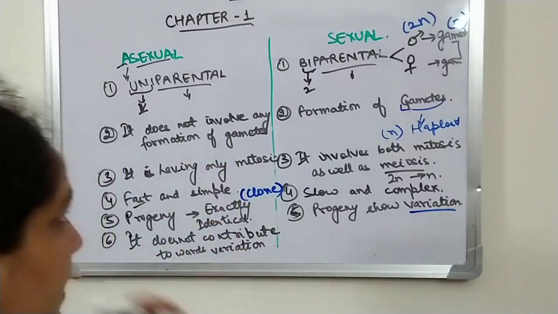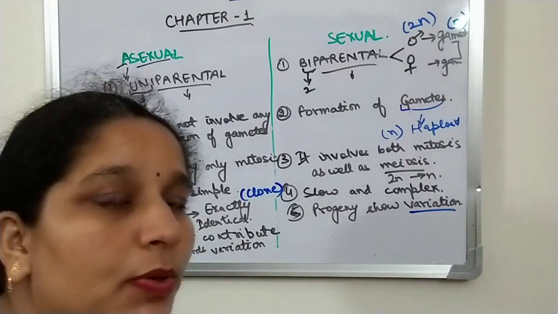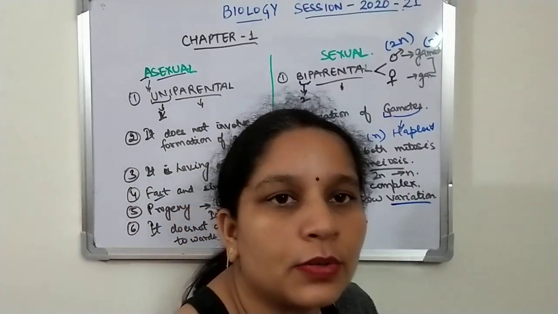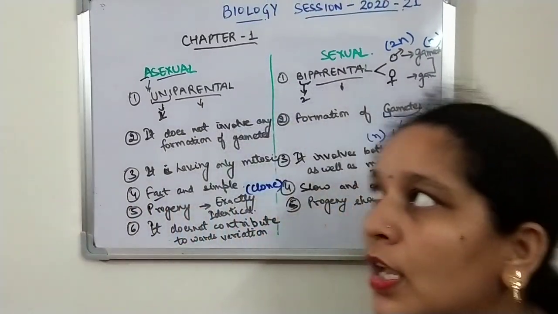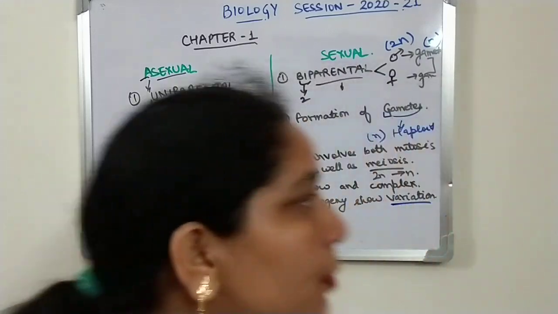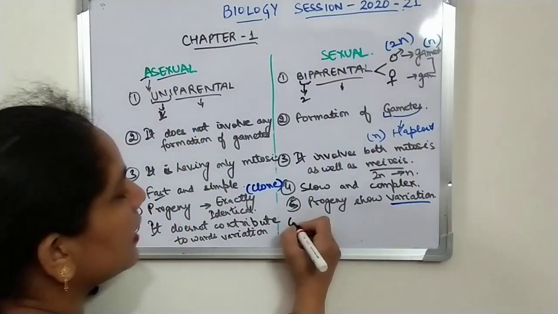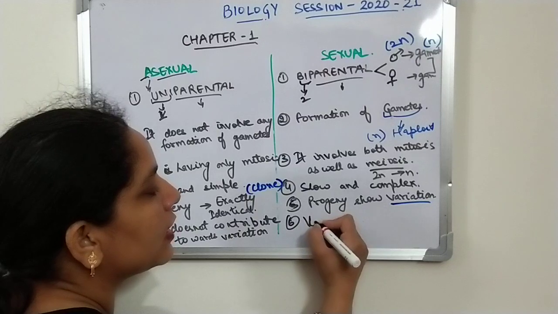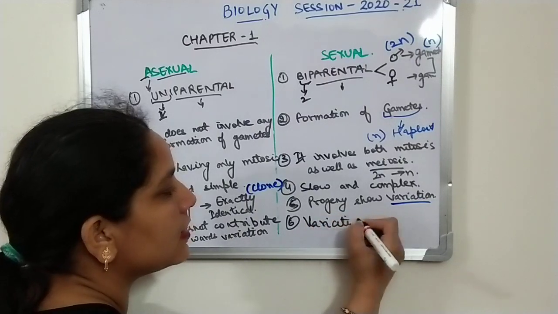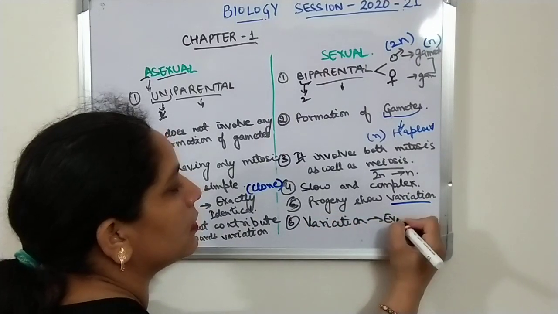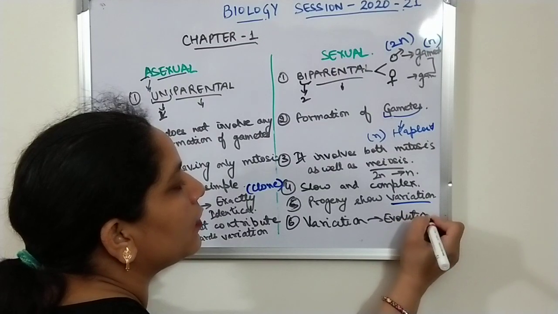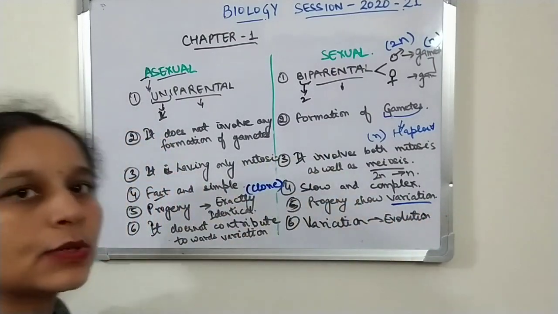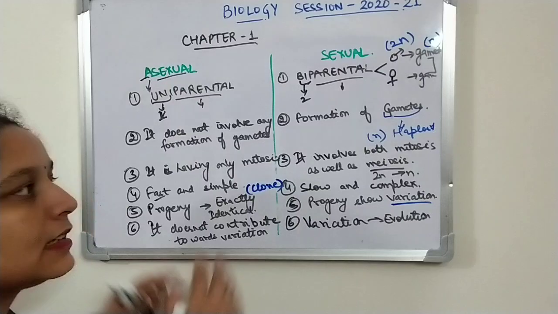Or rather we can say that asexual reproduction has no role in the process of evolution, whereas sexual reproduction contributes to variation, which in turn results in evolution. So we can say that evolution occurs due to sexual reproduction. These are the basic differences.